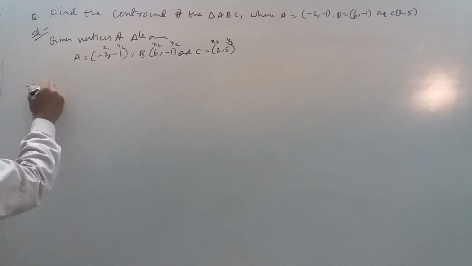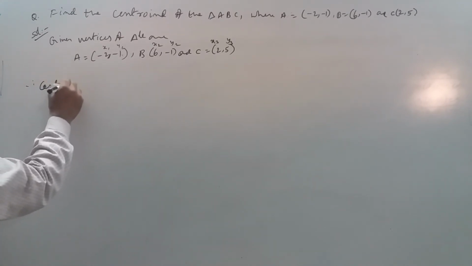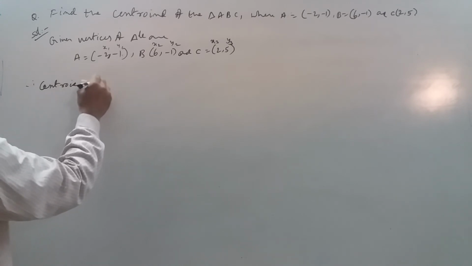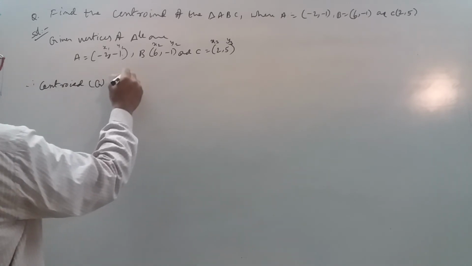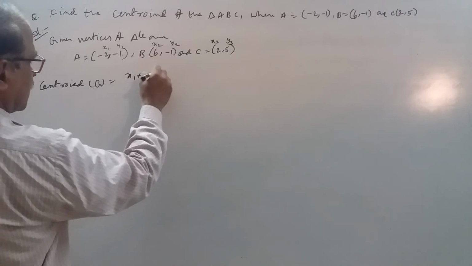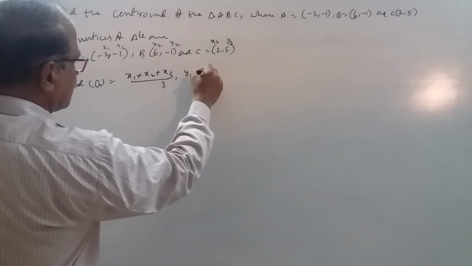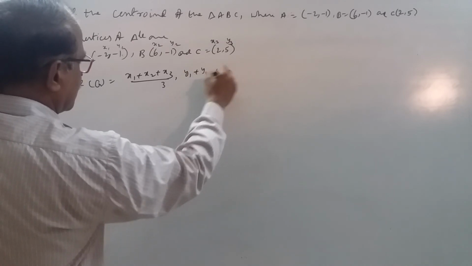Therefore, centroid G is equal to (x1 plus x2 plus x3) by 3, (y1 plus y2 plus y3) by 3.